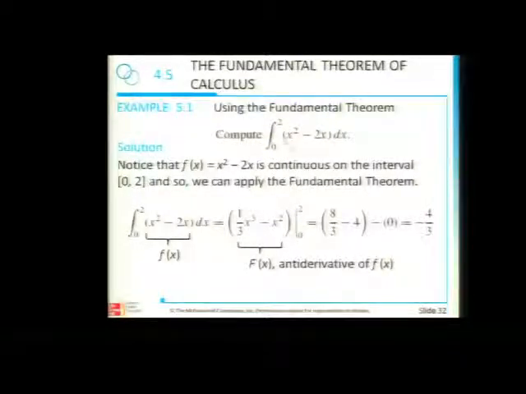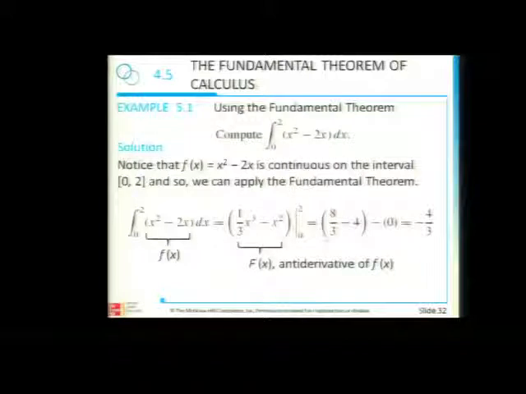So the antiderivative of x squared minus 2x is (1/3)x cubed minus x squared using the power rule for integration. And according to the fundamental theorem of calculus, part 1, we just have to use the antiderivative and put in the limits from 0 to 2, and then work out the difference of the antiderivative at the two endpoints.